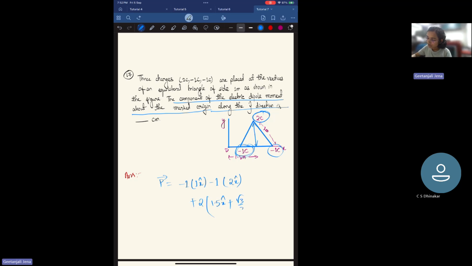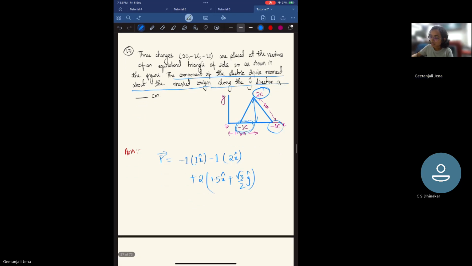So root 3 by 2, a is 1. And for x part, the px I think will come out as 6. And for y part, it is 2 times root 3 by 2 y-cap. This is root 3 y-cap. This is root 3.